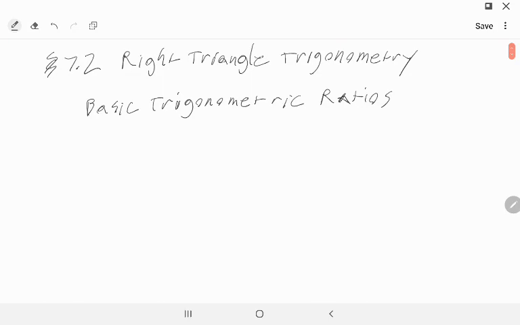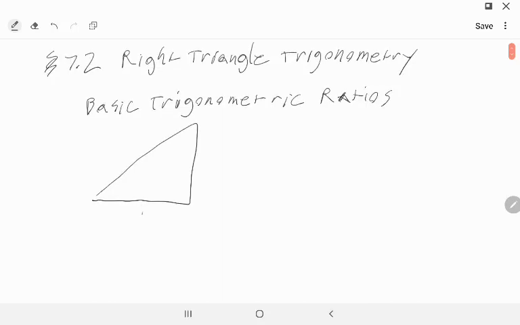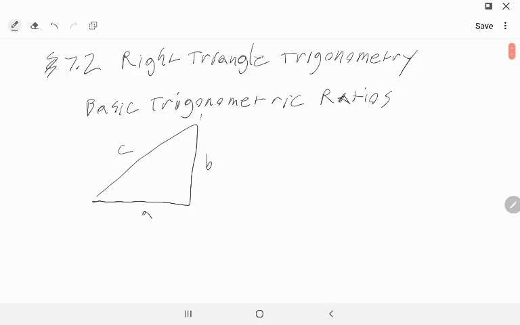We start with the idea of a triangle given by sides little a, little b, little c, and then we'll have angles capital A, capital B, and then we could have capital C, but it's always going to be 90 degrees. So for a right triangle, our capital C, we can always think of it as being 90 degrees.